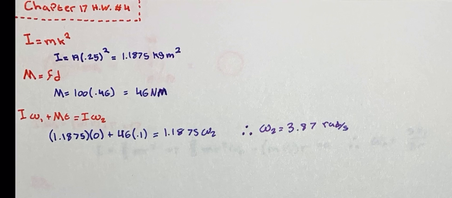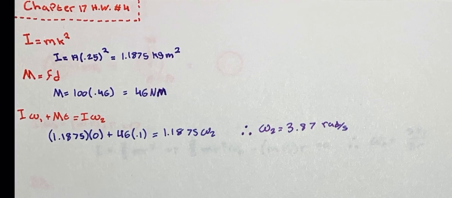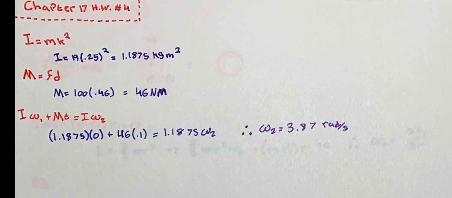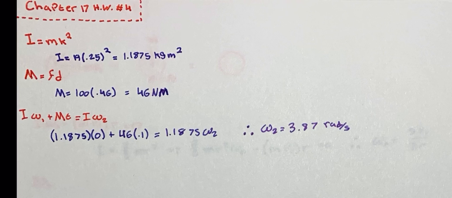Number 4, we have a wheel with a moment couple, and we're supposed to determine the resulting angular velocity of the wheel. So we know that I is equal to mk squared, and we have m and k, so we can go ahead and solve for that.